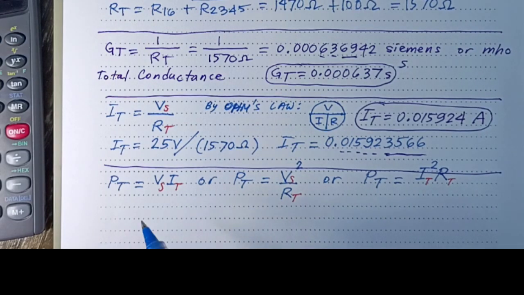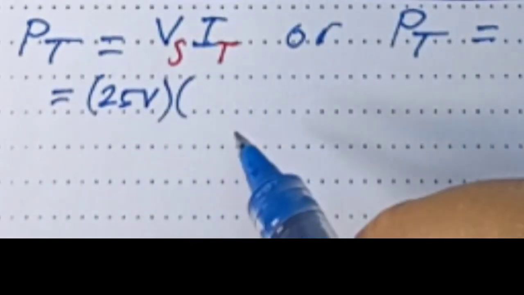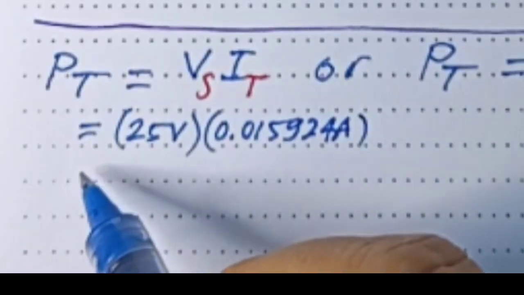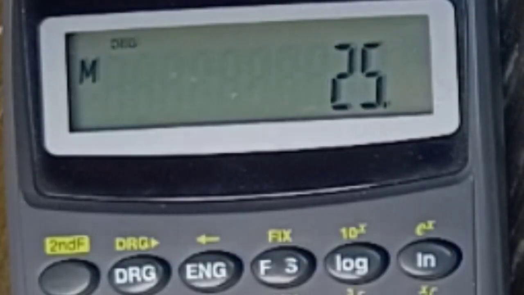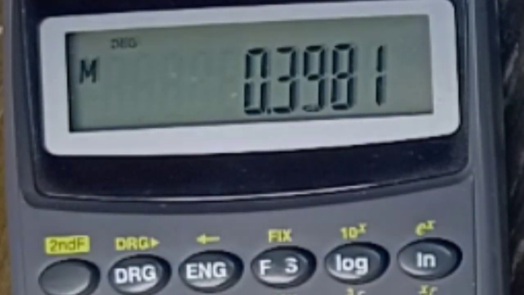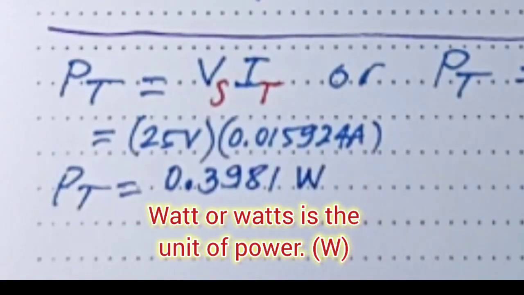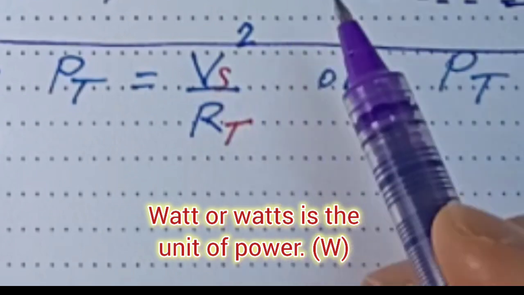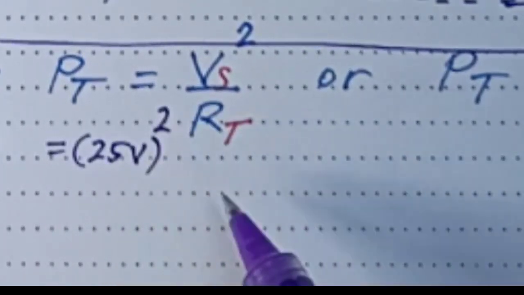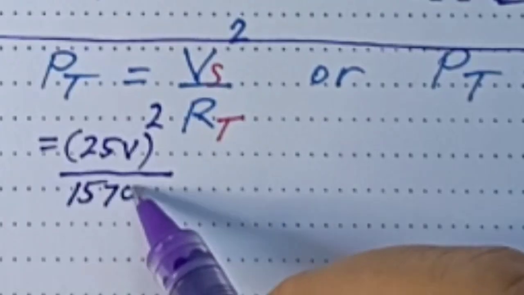Let's try it now. Let's do the first formula: 25 volts multiplied by IT of 0.015924 amperes. Our P total will be 25 multiplied by 0.015924. We will get 0.3981 watts. Now let's try the other formula, Vs squared: 25 volts to the second power over the R total, which is 1570 ohms.